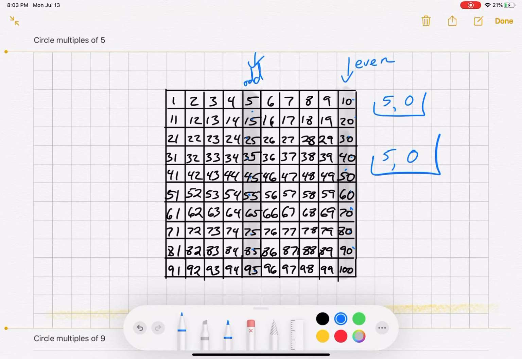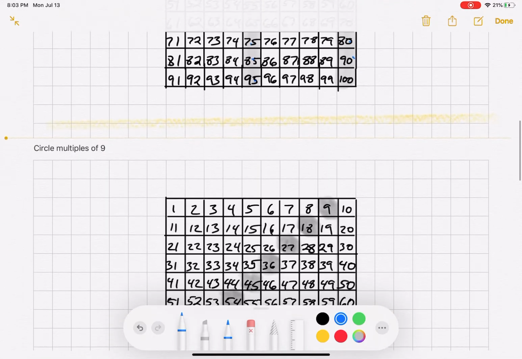And if you want to go a little further, is there a pattern there if we look across the rows? Yes, so the pattern goes odd, even, odd, even, all the way through. And that is true throughout.